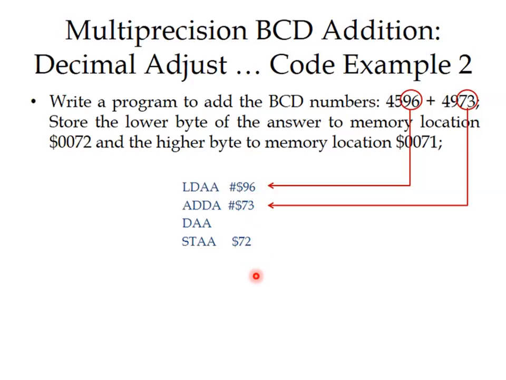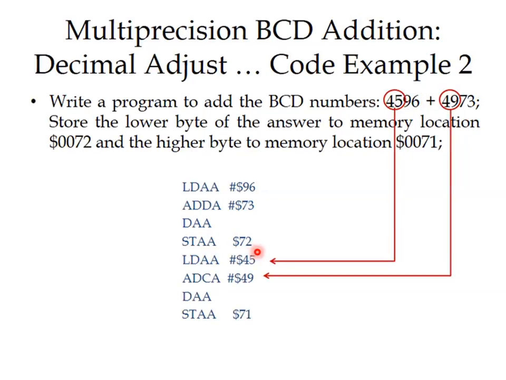These are the lines we always write to add binary coded decimal sums. We add 96 plus 73, but the microprocessor will generate the hex addition. To fix it, we do decimal adjust. Once we fixed it, we stored the answer from A to 0072. That's my lower byte sum.